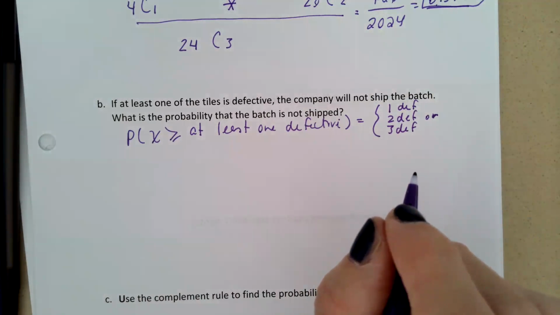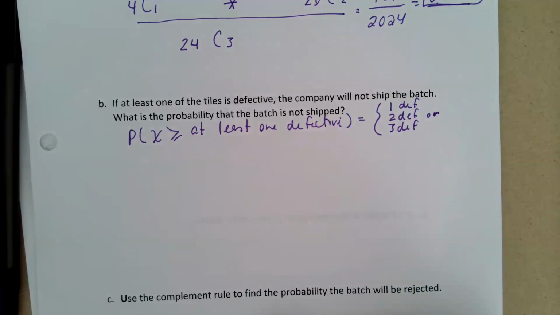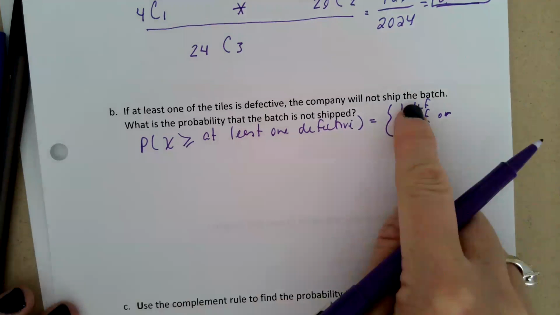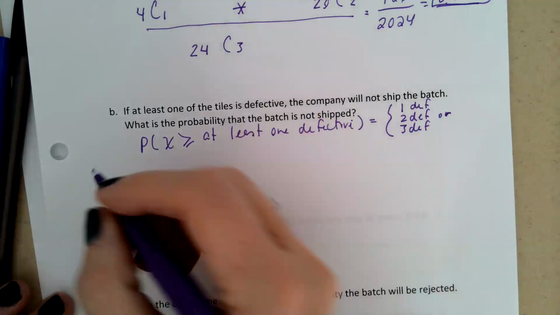Or we could use the idea of at least 1. At least 1, notice the only one we're not including is the 0, right? So we could use the complement.